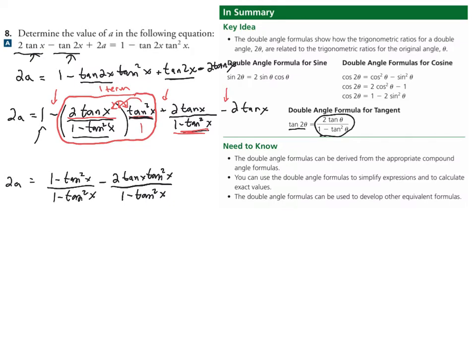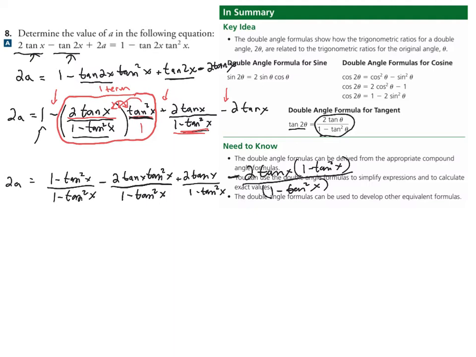All right, so now we're going to go plus 2 tan x. That's already over 1 minus tan squared x, so no need to change that. And now we have minus 2 tan x. We have to say minus 2 tan x times 1 minus tan squared x over 1 minus tan squared x. We have to get a common denominator there.